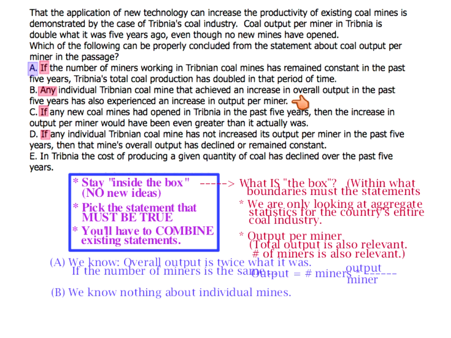Again, we don't know that, because an individual school could have had more kids. Overall, the district didn't, but for one school we don't know. Same thing with B. We know that overall this would have to be true, but it does not have to extend to the case of individual mines. So if you have questions about that, feel free. Meanwhile, we'll talk about the other answer choices.